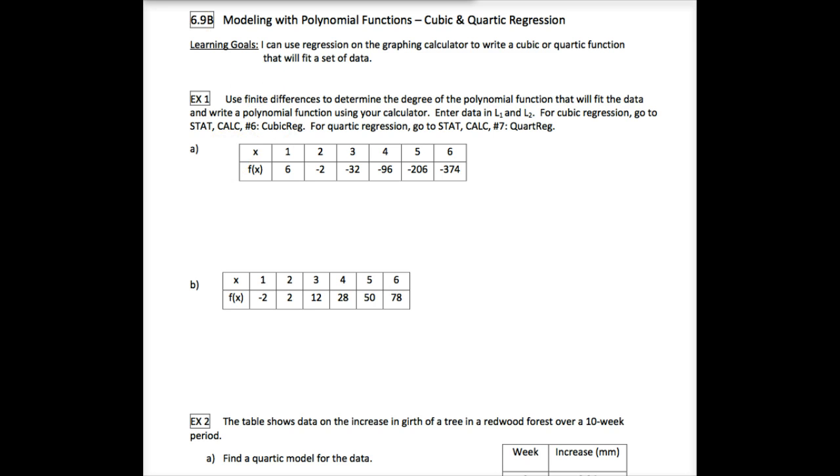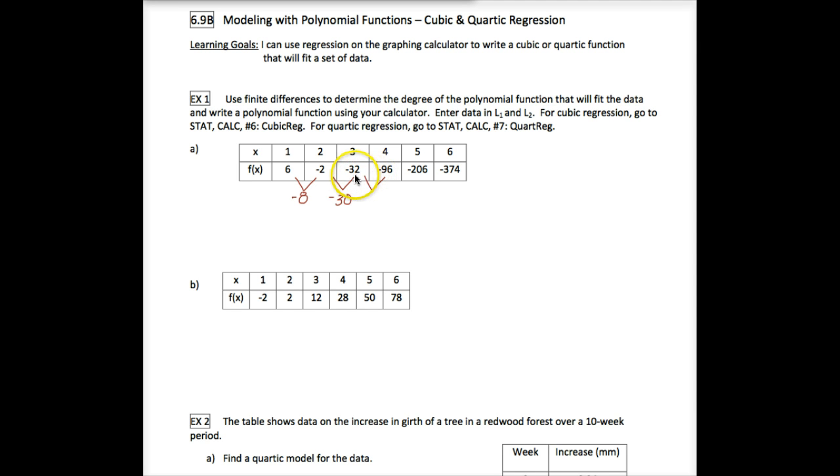So, first here in example 1, we want to use finite differences to determine the degree of the polynomial that will fit the data. So, we do the finite differences first. So what we did in 6.9a, remember it's always right minus left. So negative 2 minus 6 is negative 8. Negative 32 minus negative 2 is negative 30.